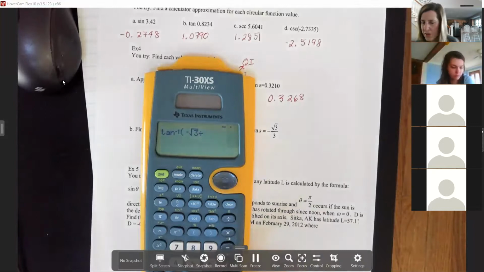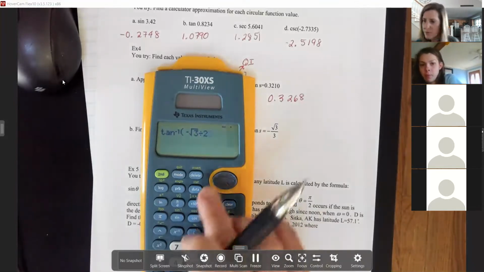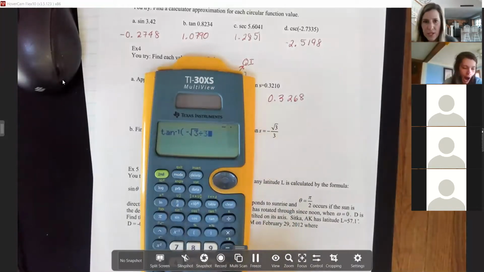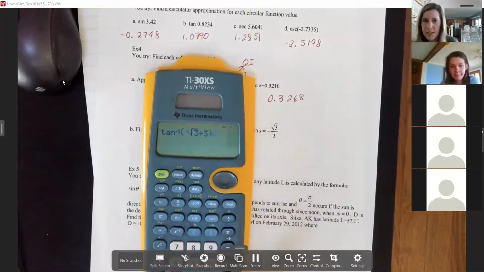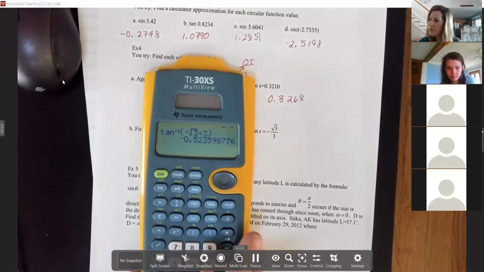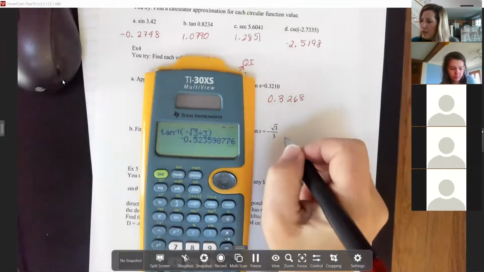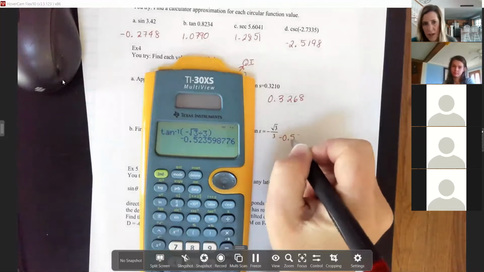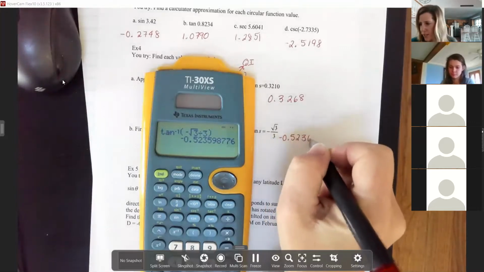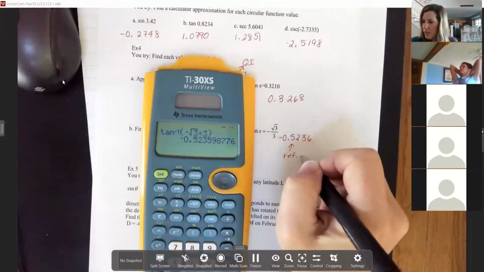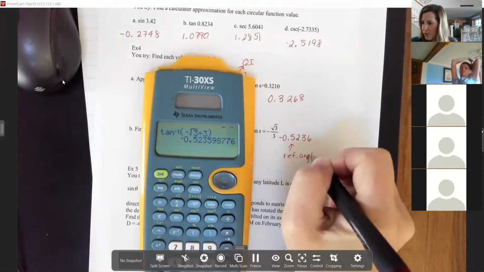Some of you might have to use extra parentheses on your calculator. Sorry. Divided by 3, close parentheses. You get negative 0.5236. So this is a reference angle for the quadrant.